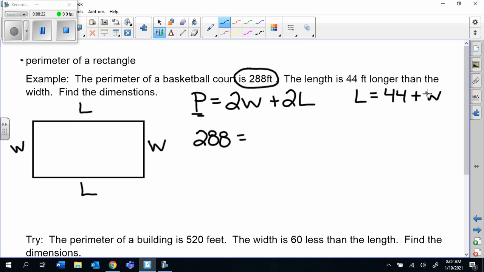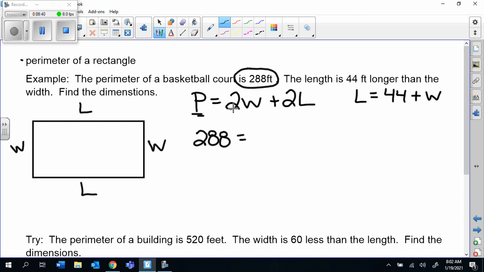So over here off to the side, you can express the length a little bit differently because we know it's 44 feet longer. I gave you a try, that's a "less than." Just a word of caution, the "less than" part goes in the back.